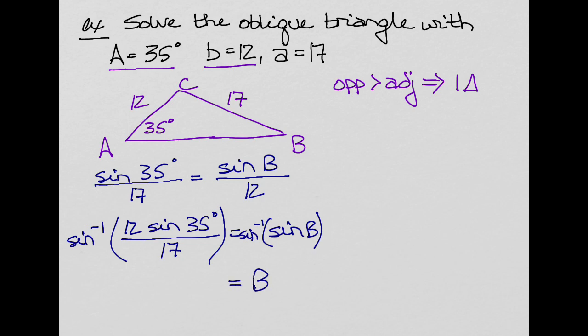On the left, you can put this all in the calculator pretty much in a row. Be careful with parentheses. And we should end up with a measure of angle B of 23.54 degrees. I'm going to write down 23.54 degrees, but I'm going to keep all the decimal places that my calculator gives me. I don't want to have round-off error by rounding off in the middle of the problem.